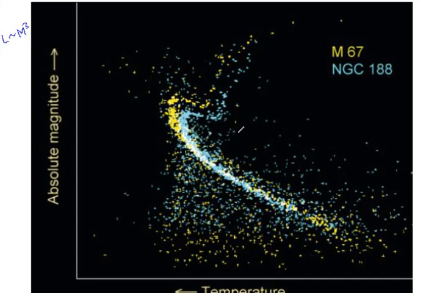So you see, we have two conclusions. One is M67 has the most massive main sequence stars. Another, NGC 188 is the older cluster.